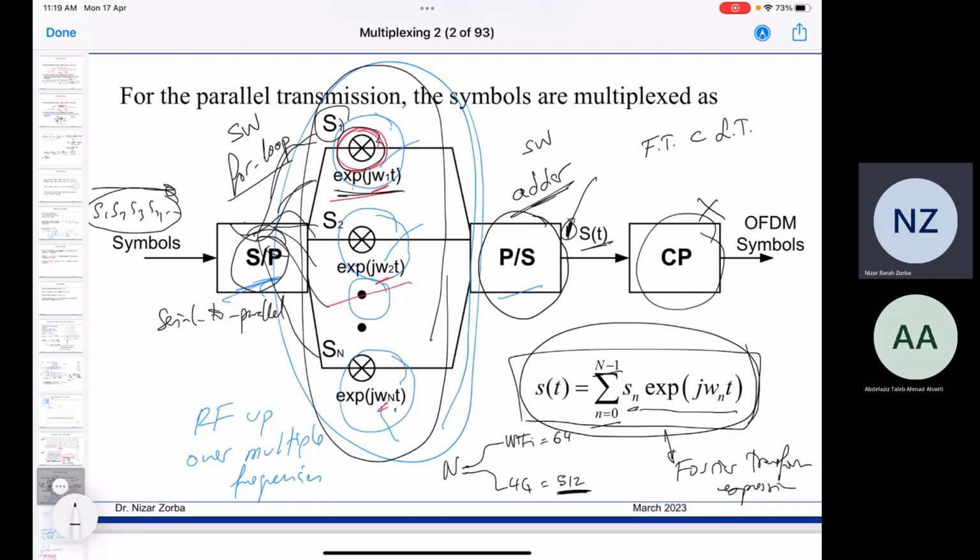So, how to use the Fourier? Have you ever implemented the Fourier transform? In MATLAB, there is a function for the DFT, the discrete Fourier transform. You put in the signal and it shows you its Fourier, how it is in the frequency domain.